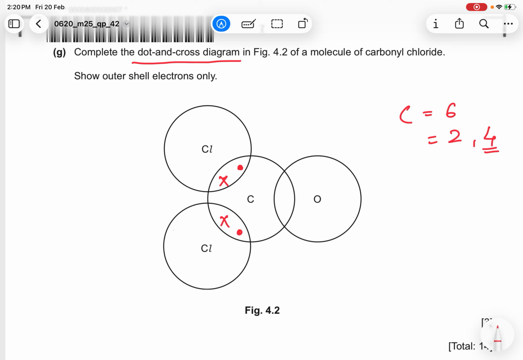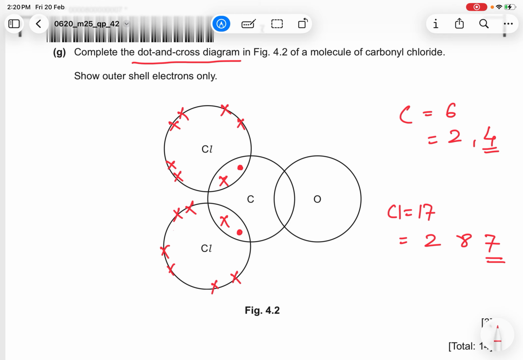Now chlorine has atomic number 17, which is 2, 8, 7. Out of its 7 electrons, it has already shared 1 electron. So how many more electrons are remaining? That is 6, which we have to show on its shell. Similarly, on the other chlorine shell, we will show 6 electrons.